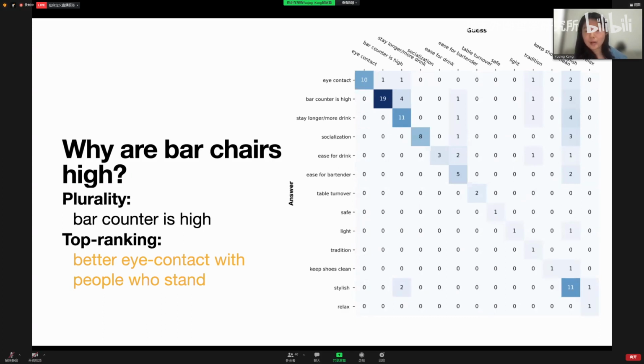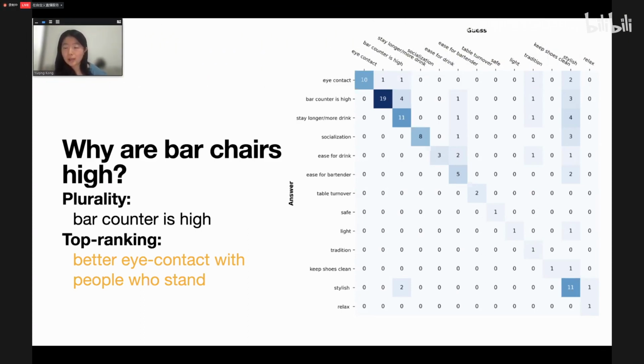They also provided many other answers, and we used our algorithm. We asked them, what is your prediction for other people's opinions? And we used our algorithm to get the hierarchy. The top ranking answer is that if the bar chair is high, then you can have better eye contact with people who stand. So this is the top ranking answer.